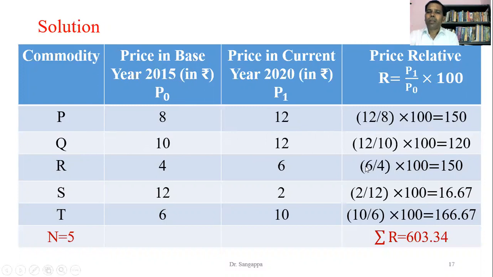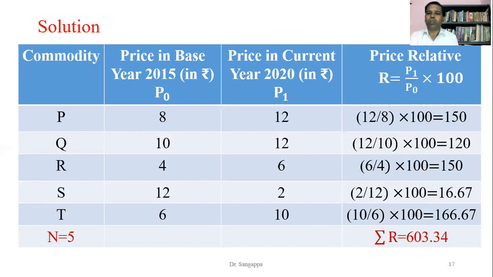And 6 is the price of the R commodity in the current year, and 4 is the price of the R commodity in the base year. So 6 divided by 4 equal to 1.5, into 100 equal to 150.